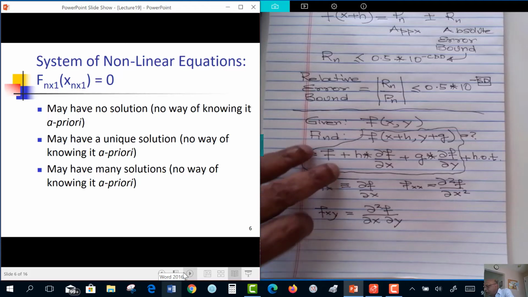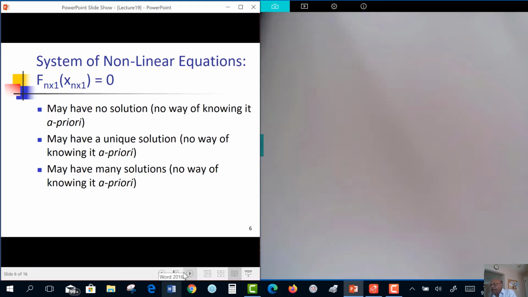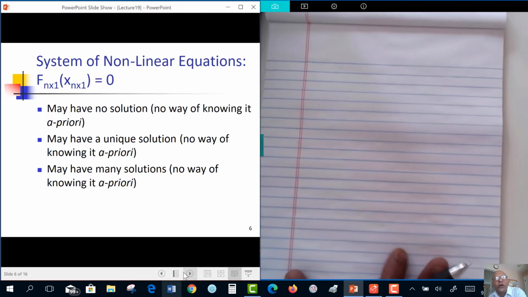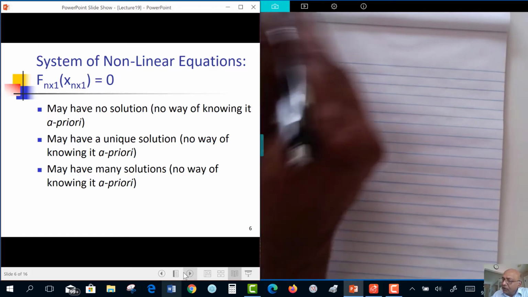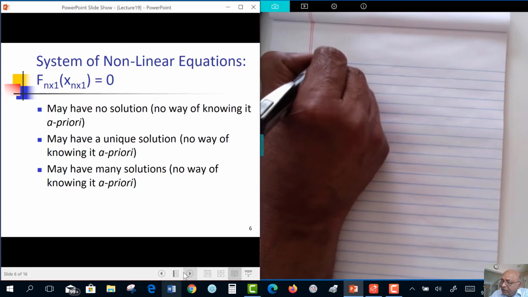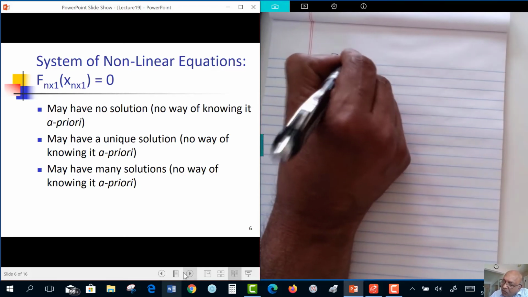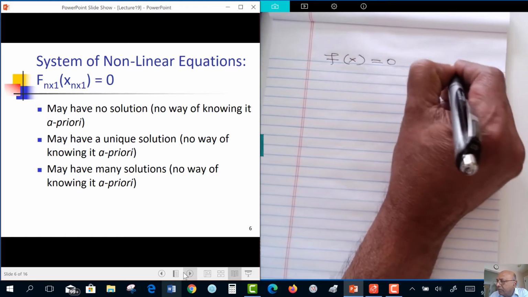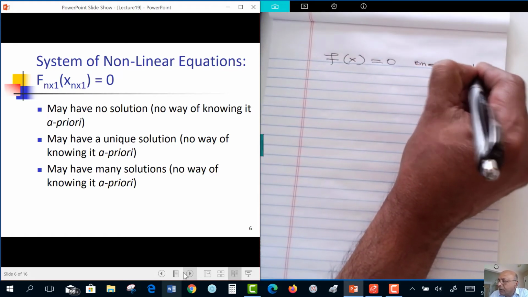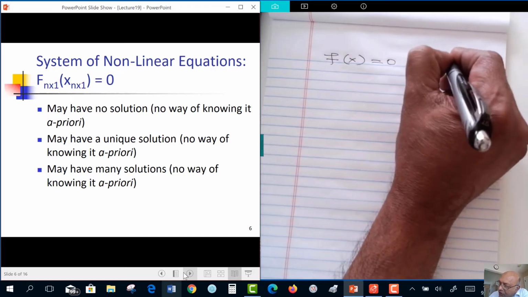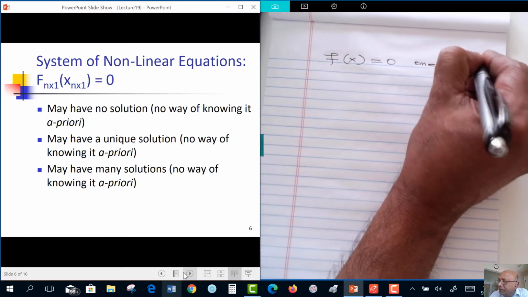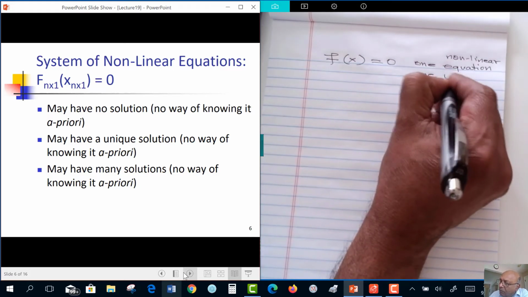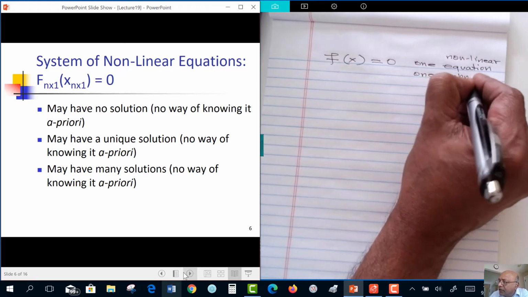So our next topic, having done Taylor series, is a system of nonlinear equations. Let's suppose we just solved one equation, one unknown, right? That was a nonlinear equation, of course, and the one unknown was x.